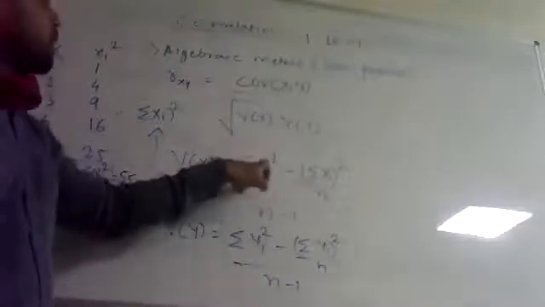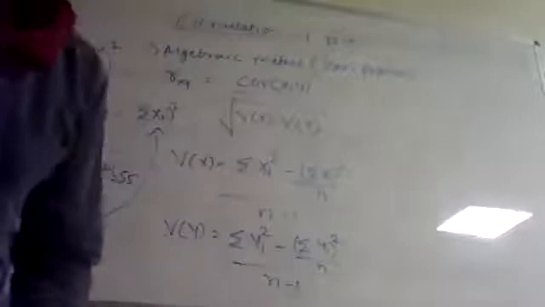This is the difference between these two. Summation xi square means first you have to square each term and then take the sum. And summation xi bracket square means first you have to take the sum, then you have to make the square. Is the difference clear?